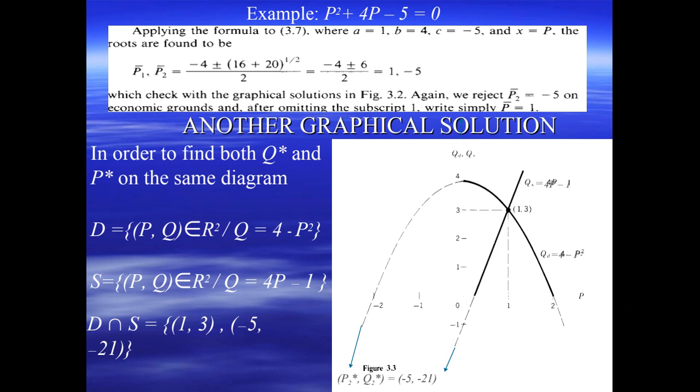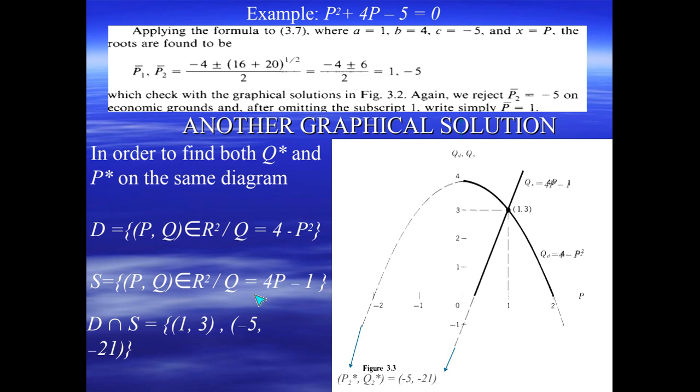Here we have the x-axis and here we have the y-axis, the horizontal and vertical axis, and the demand curve, this time, is a curve, it is a parabola. It is q equals 4 minus p squared. When you depict it, you obtain this parabola, whose arms go to minus infinity. This is 4 minus p squared.